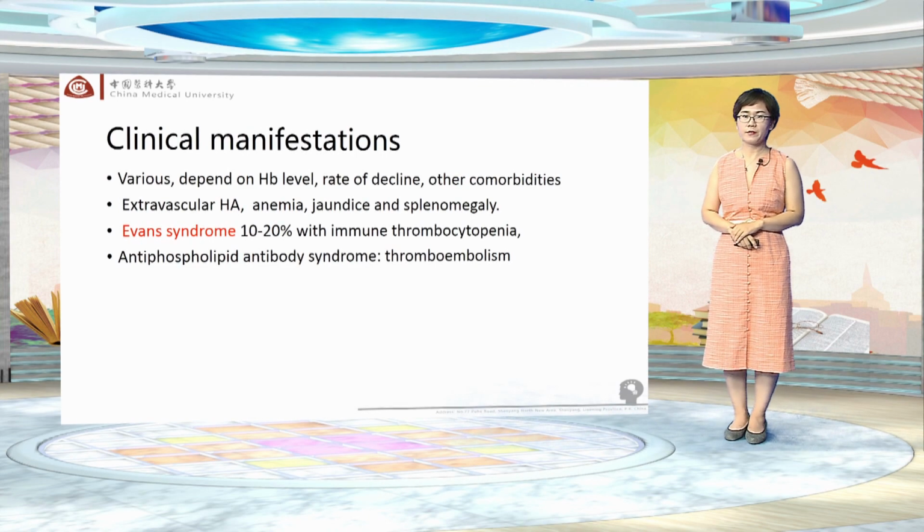Patients may have the symptoms of anemia, jaundice, and splenomegaly. 10 to 20% have immune thrombocytopenia, which is called Evans syndrome. Antiphospholipid antibody syndrome should be noticed if patients have thromboembolism, and the antiphospholipid antibody should be detected.